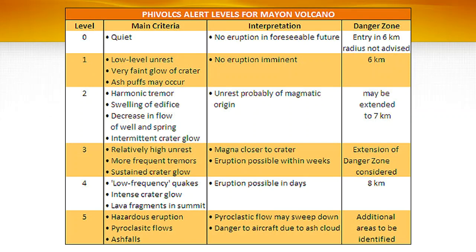For alert level 3, there is relatively high unrest, more frequent tremors, and sustained crater glow. So what do these criteria mean? You can say that there is magma closer to the crater and an eruption is possible within weeks. For the danger zone, an extension is considered, so it may go beyond 7 kilometers.